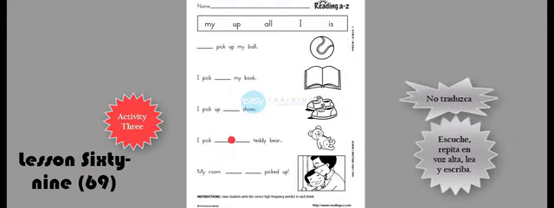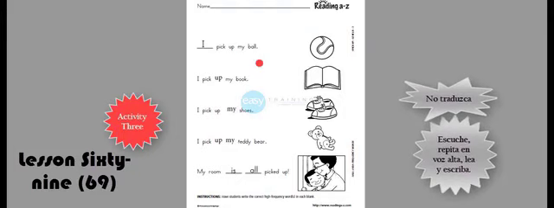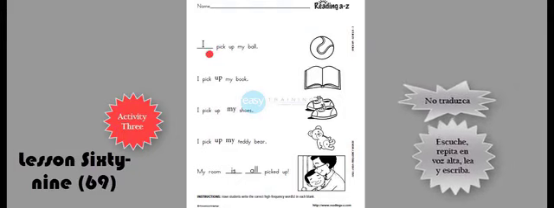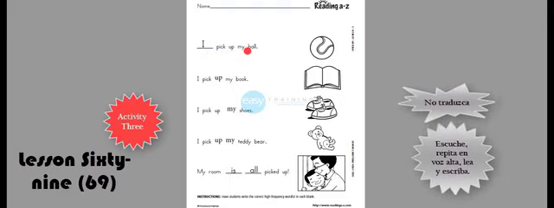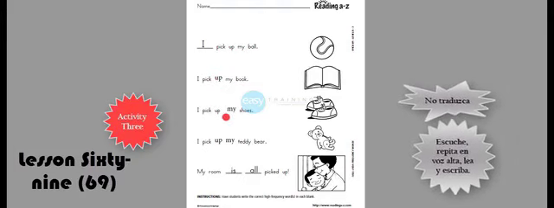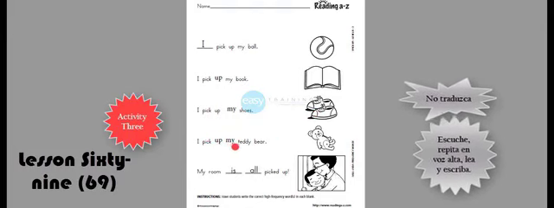Let's do it. Here are the sentences. Let's read them, please. I pick up my ball. I pick up my book. I pick up my shoes. I pick up my teddy bear. My room is all picked up.